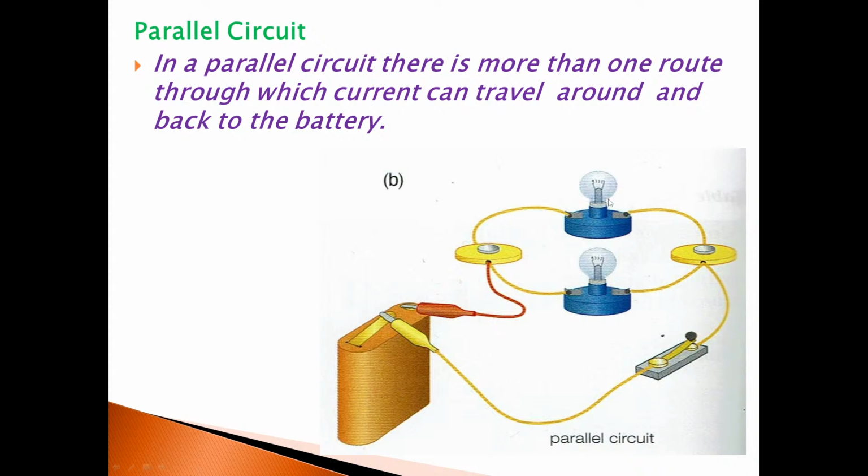So here we have two bulbs. One end of the bulb is attached to this cable that is attached to the circuit board. So in a parallel circuit there is more than one route through which current can travel around and back to the battery.